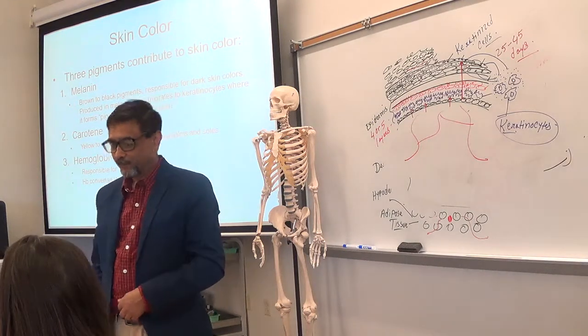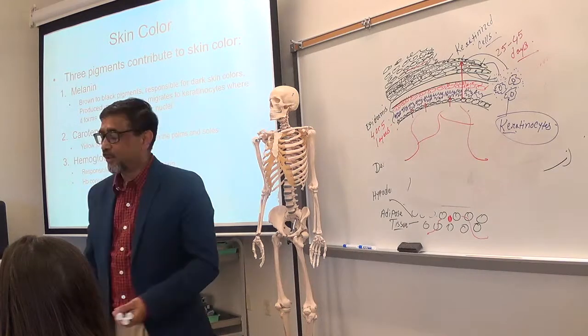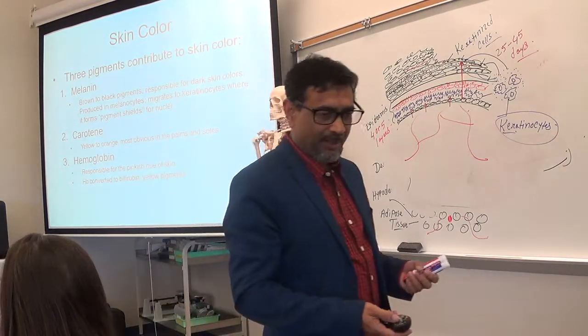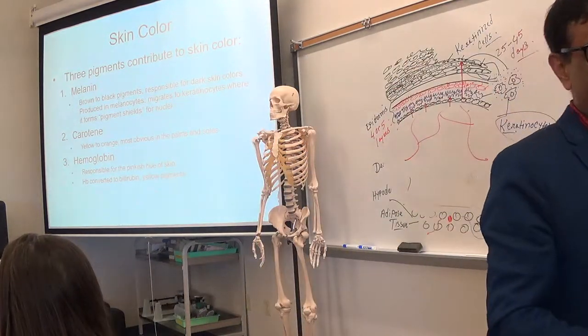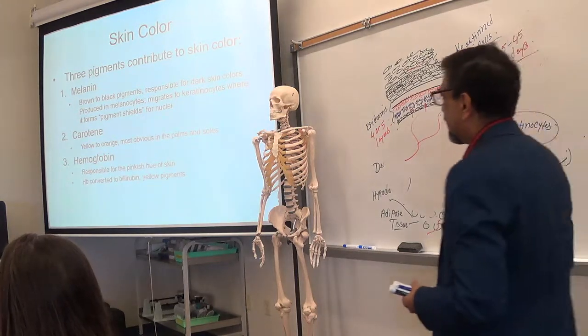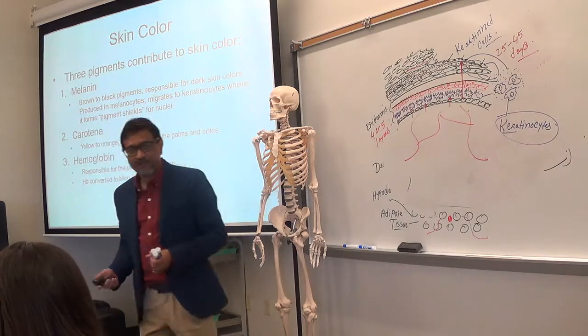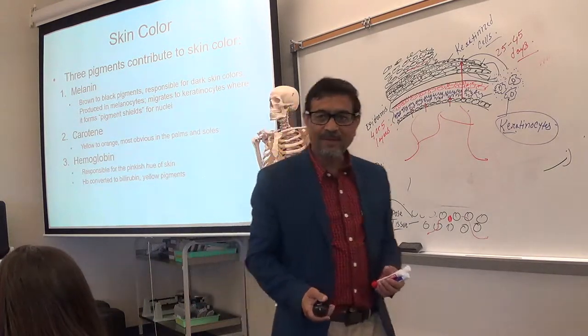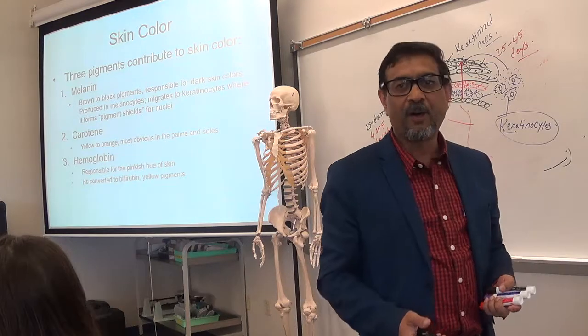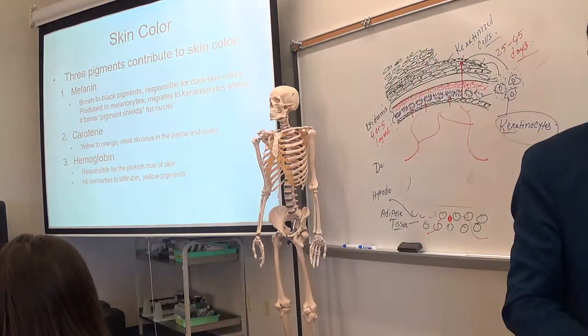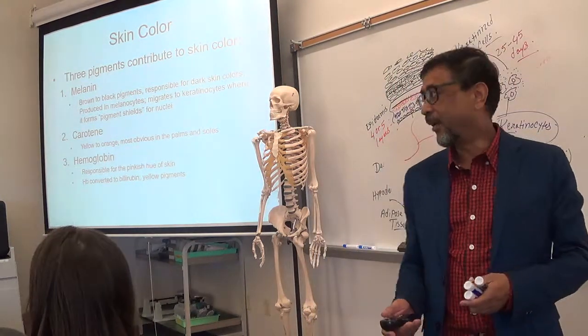Is it clear? Okay. So that also contributes to the color of the skin. So those are the pigments. Three types of pigments. Red pigment is what? Hemoglobin. Orange or yellow? Carotene. And dark? Melanin.